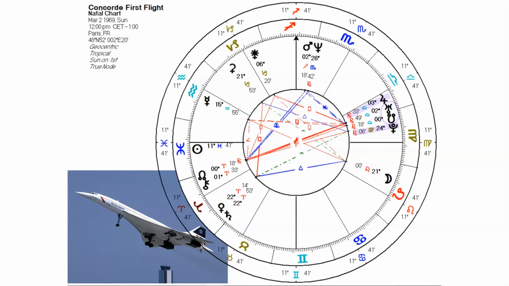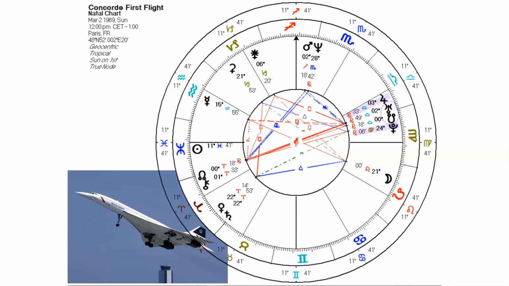On top of it, Chiron and Uranus, Jupiter, Pluto are on that node. Uranus is speed. Uranus is airplanes. Jupiter is travel.